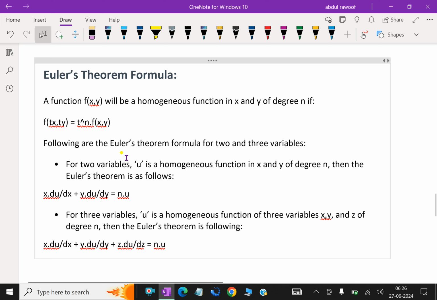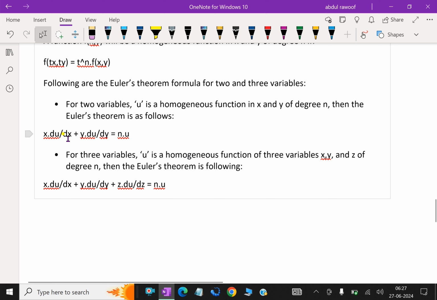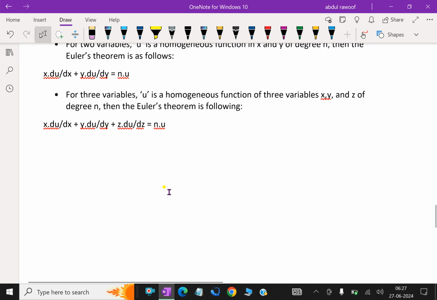Following are Euler's theorem formulas for 2 and 3 variables. Look at here. For 2 variables, if u is a homogeneous function in x and y of degree n, then x dou u by dou x plus y dou u by dou y equals n u. n means the degree, times that function. It's Euler's formula. For 3 variables, if u is a homogeneous function in x, y and z, then x dou u by dou x plus y dou u by dou y plus z dou u by dou z equals n u.